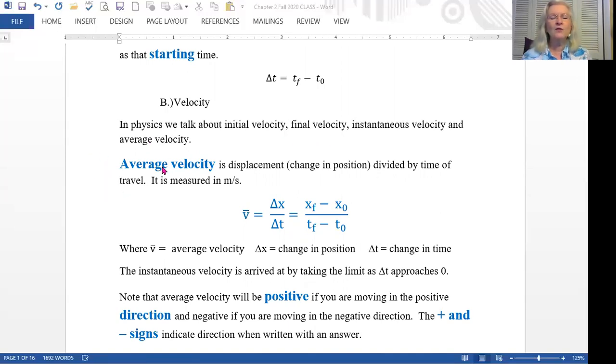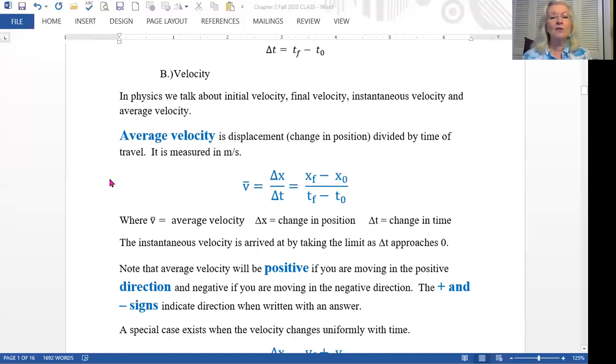We use average velocity, but not really. I think you'll see why in a minute, and maybe when we do some examples. So average velocity is your change in position divided by your change in time. Average in physics is written as the letter of the alphabet with a bar over it. So v bar, again, this is a lowercase v, not a capital.